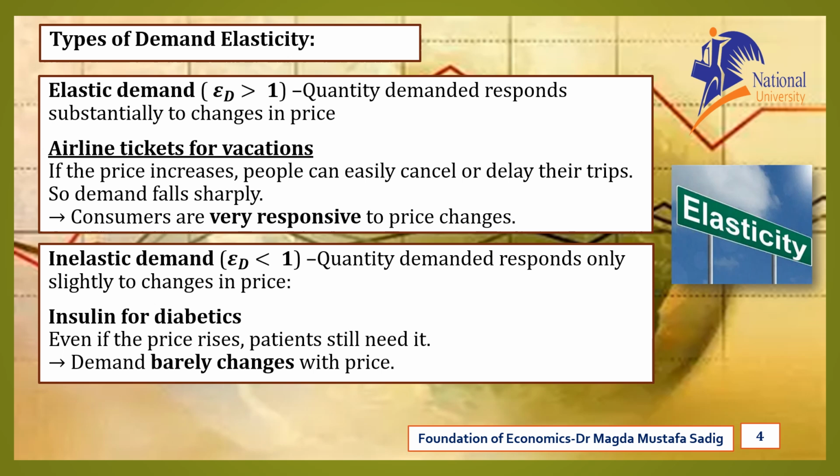People are very sensitive to price changes. But if ED is less than 1, which is elasticity of demand, like our lemonade example, demand is inelastic. People don't change their buying habits much.